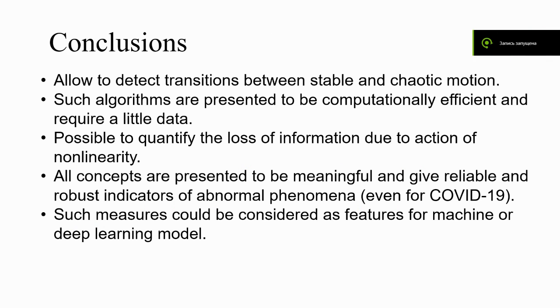So, as we could see from the theoretical background of these algorithms and from the empirical results, definitely this dynamical approach allows us to detect transitions between stable and chaotic motion, when we lose some information and when we gain it. Definitely during our computations it was confirmed that the algorithms presented here are computationally efficient, and they really require little data for accurate results.